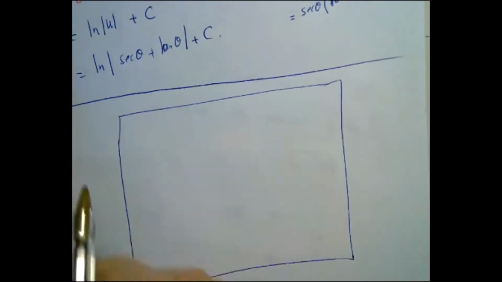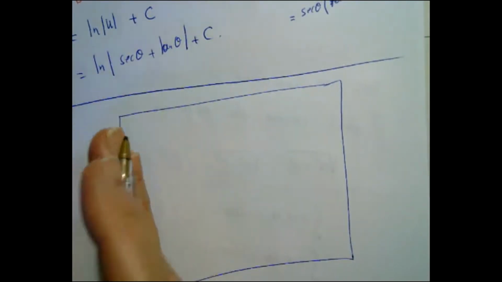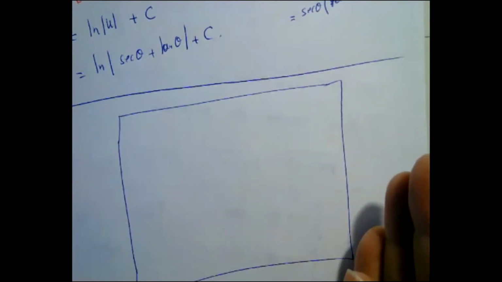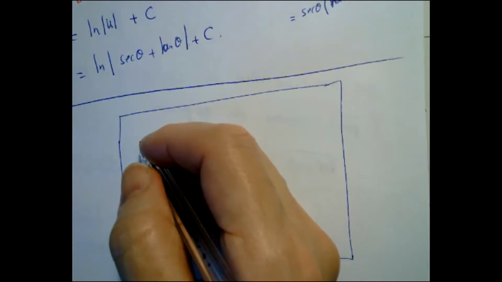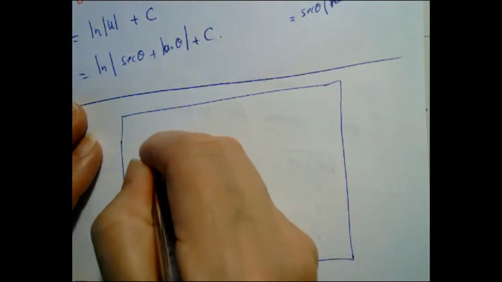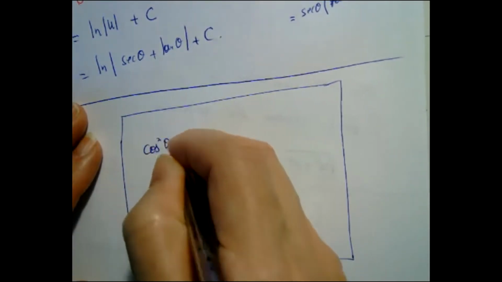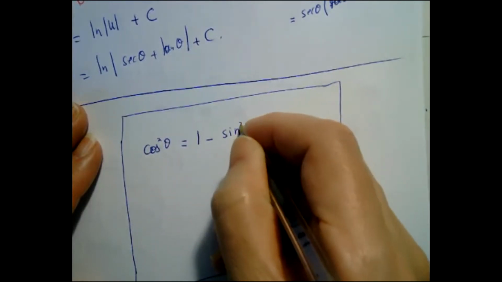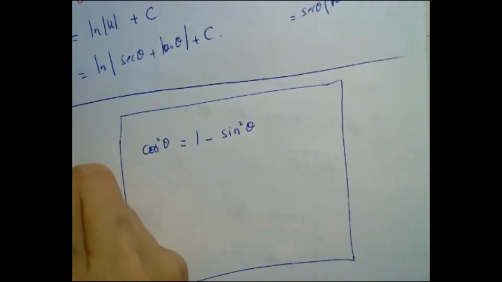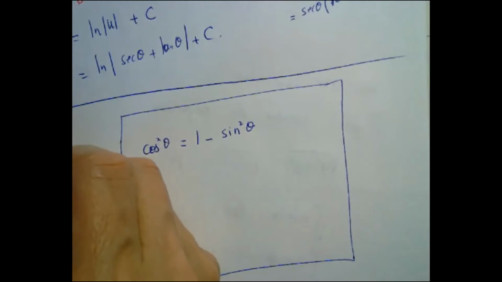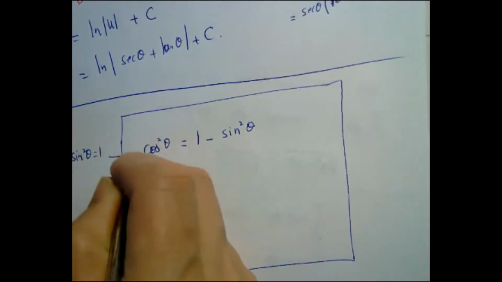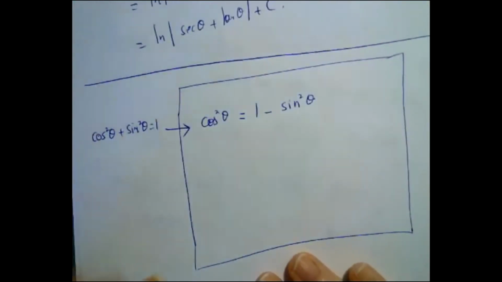By using the main trigonometric identity, cosine square plus sine square equals 1, we have the following: cosine square theta is always equal to 1 minus sine square theta.